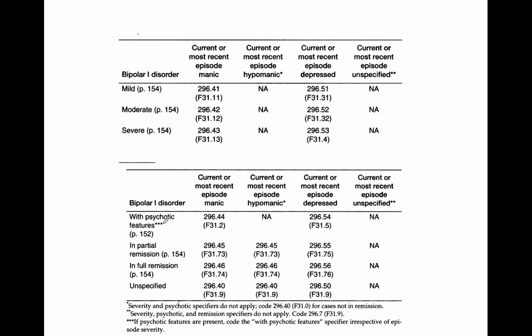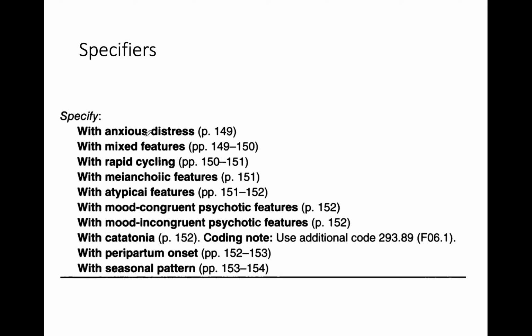And then you're going to specify again with psychotic features and partial remission or in full remission. And then, just like with depression, with anxious distress, with mixed features, rapid cycling. We're going up and down, up and down. Melancholic features, atypical features, mood congruent, mood incongruent, catatonia, peripartum onset or seasonal pattern.